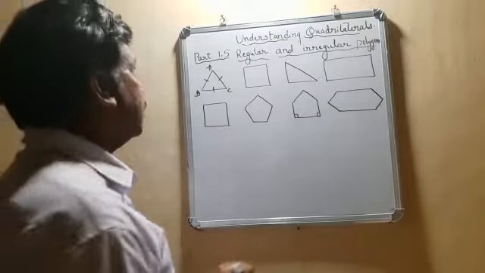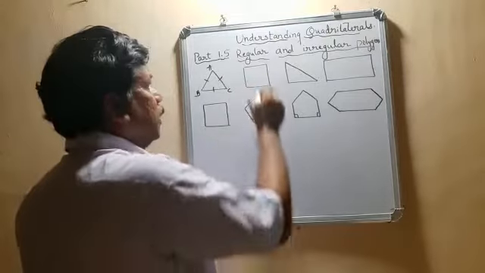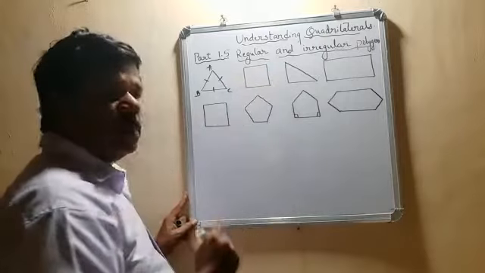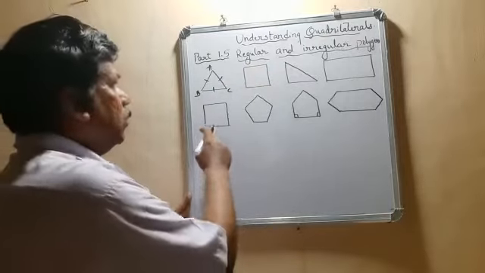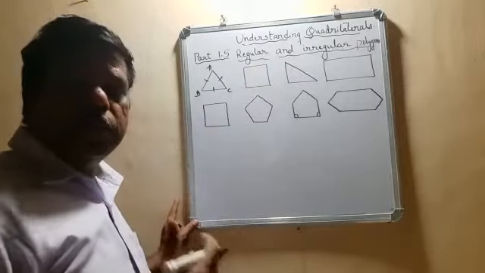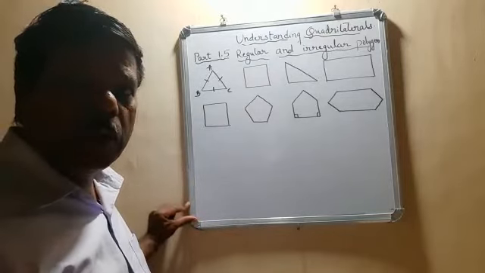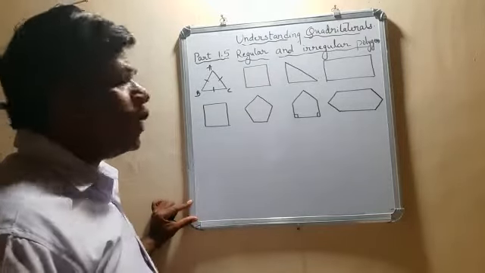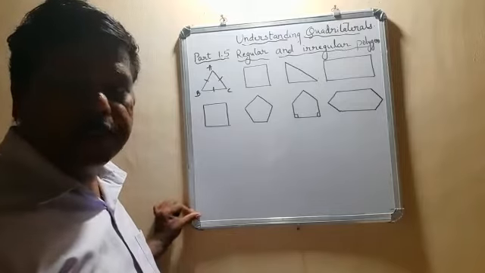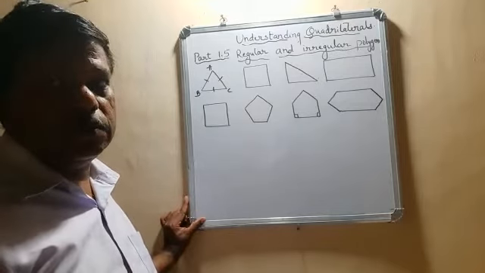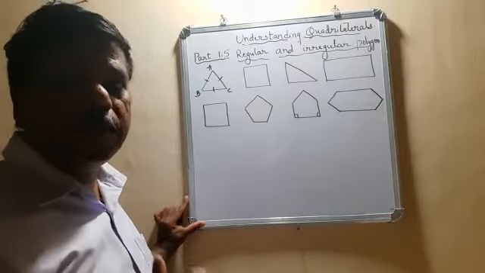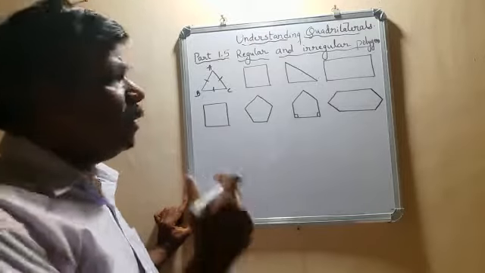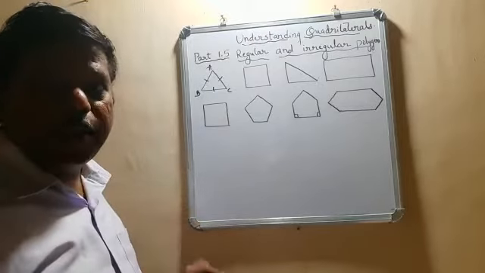Now let us consider another diagram. This is of a square, isn't it? And also this is a bigger square. Whether the size of this square is big or small, a square has got all sides equal. That is why it is called a square. Now what are the interior angles, each and every interior angle inside a square?